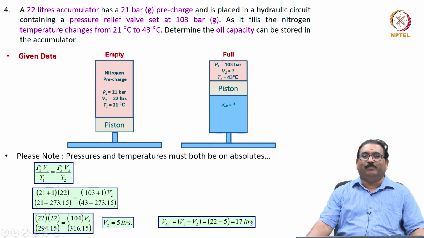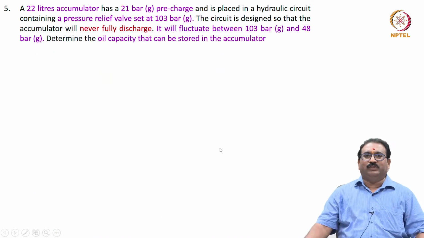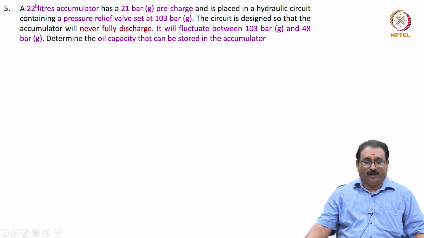The objective of this problem is that all the pressure terms and temperature terms must be put in absolute values, not the gauge. Now let us see one more problem on accumulators. A 22 liter accumulator has a 21 bar gauge pre-charge and is placed in a hydraulic circuit containing a pressure relief valve set at 103 bar, again gauge pressure it is.